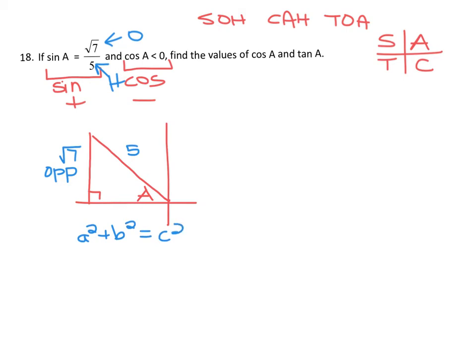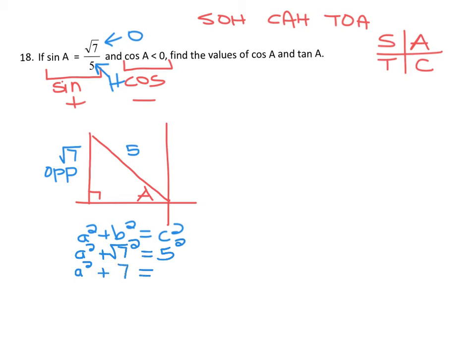All right, so let's see. We're looking for one of the smaller sides, so we're looking for either the A or the B, and this can go in for either A or B, and the longest side, the hypotenuse, always has to go in for the C. So I'll leave it as A squared plus radical 7 squared equals 5 squared, the longest side, which goes in for C. All right, so A squared plus, when you square a radical, they just cancel each other off, so that leaves you with 7.